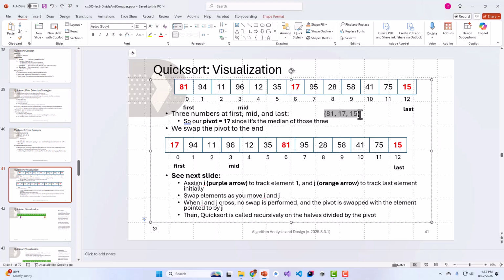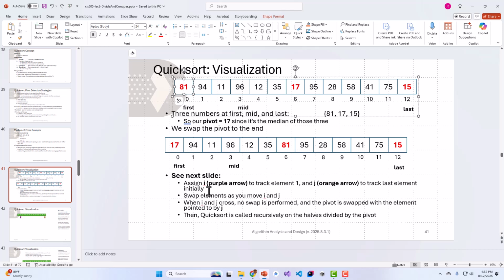If we look at these, we have an 81, a 17, and a 15. So our pivot actually ends up being the 17. It happens to be also in the middle of the array, but that's not always the case. So we swap that with the element at the front, or you could do the end, but we'll do the front. We'll put 17 at the front, and swap the 81 into index 6.